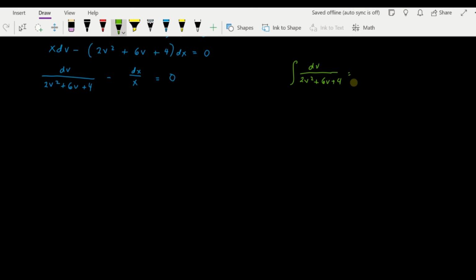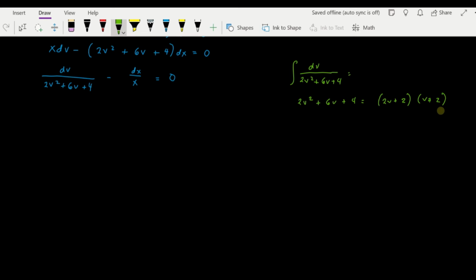Okay, so to differentiate this, ang gagamitin natin is integration using partial fraction, yung non-repeated linear factors. Diba itong 2v squared plus 6v plus 4 ay pwede nating i-factor as 2v plus 2 times v plus 2. Ayan.